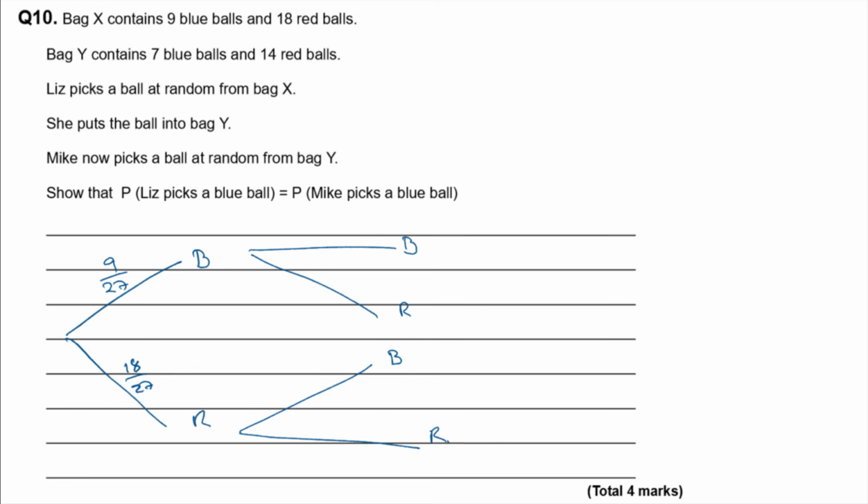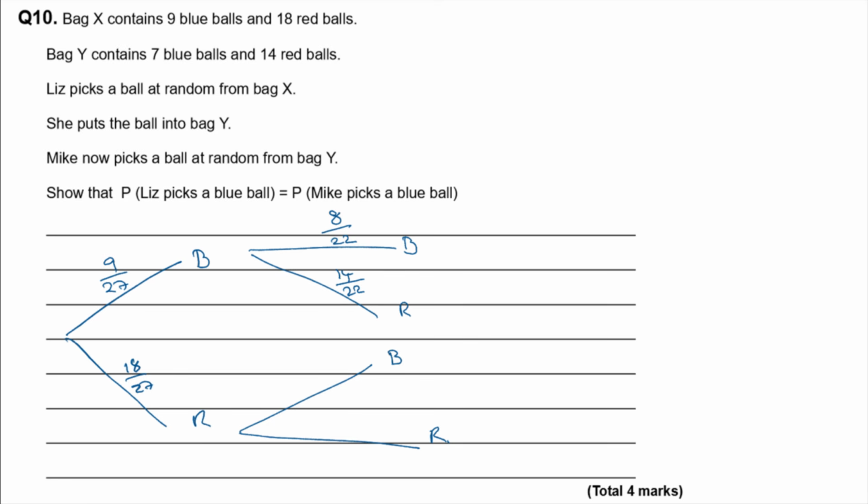So there were 7 blue balls and 14 red balls in there to start with, and if I plop the blue extra ball in, then I've got 8 blue balls and 14 red balls. So that's going to be 8 blue out of a total of 8 plus 14, which is 22. So she's got 8 in 22 chance of getting a blue ball. And then the red, well, there were 14 in there to start with. There's still 14, so it's 14 out of 22.